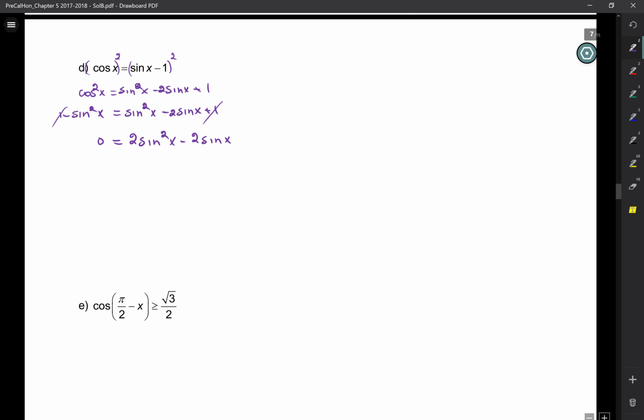So now can I get rid of all of the 2's here? I can get rid of the 2's because I could just divide out a 2. So I have sine x times sine x minus 1 equal to 0. So I get sine of x is equal to 0, and sine x minus 1 is equal to 0.